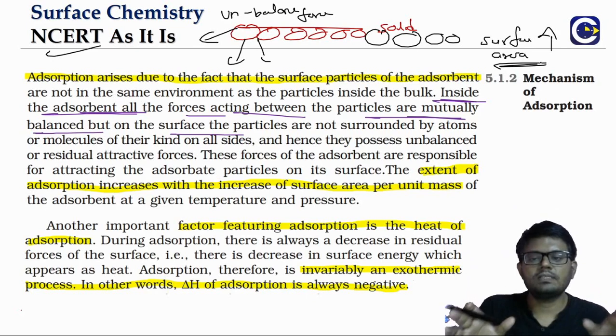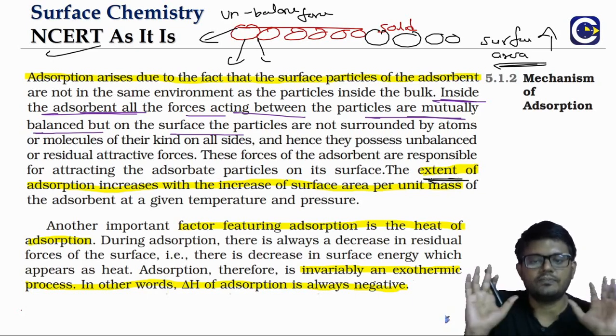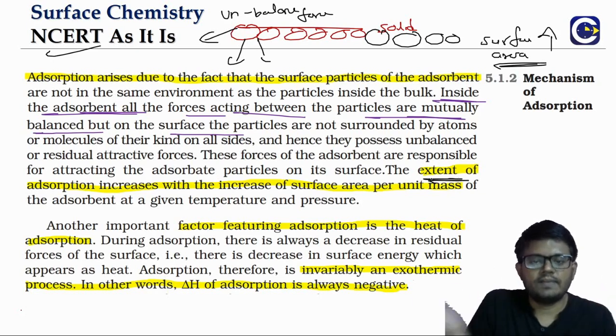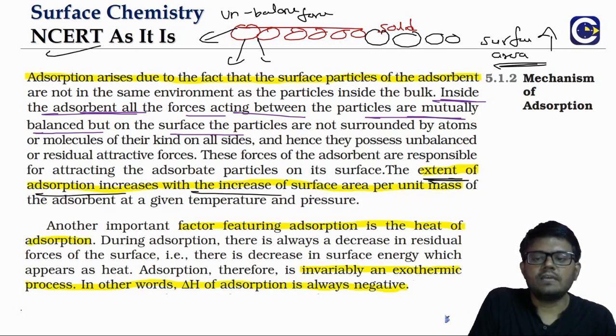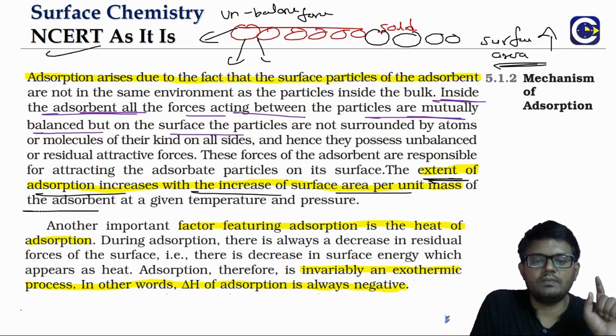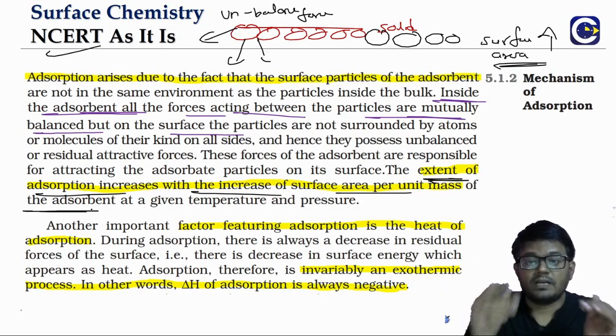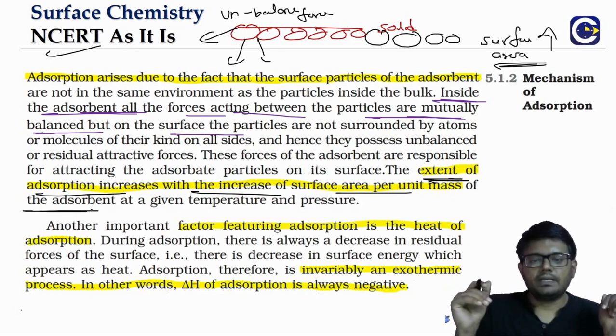So clearly what we see is that the extent of adsorption, we'll see how we quantify this also. We'll have a method to quantify it. So the extent of adsorption will be increasing with increase of the surface area per unit mass of the adsorbent. So here we'll always measure it as the amount of surface area per unit mass of the adsorbent.